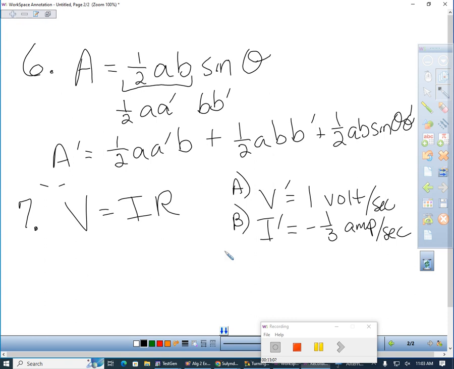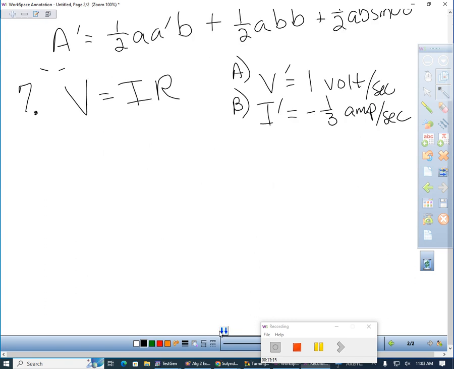Okay. Then for part C, it says write an equation that relates dR dt to dV dt to dI dt. So we're going to take this equation right here. What rule are we going to have to use? The product rule. So this is just A I prime, right? And this is R prime.